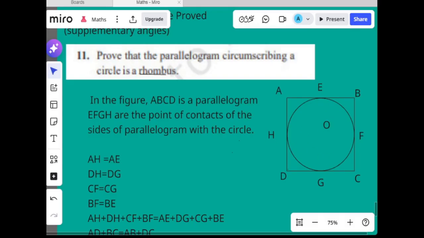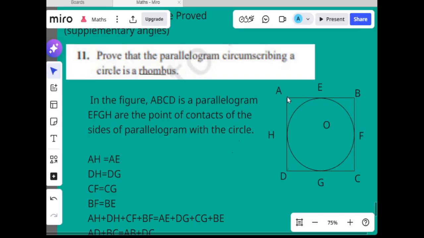The rhombus has all four sides equal. So we draw this parallelogram ABCD and have given E, F, G, H as the names of the points at which the circle touches the sides of the parallelogram.